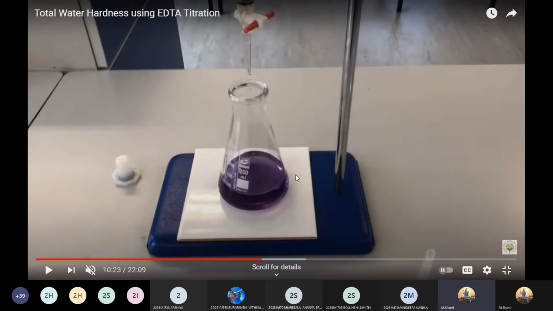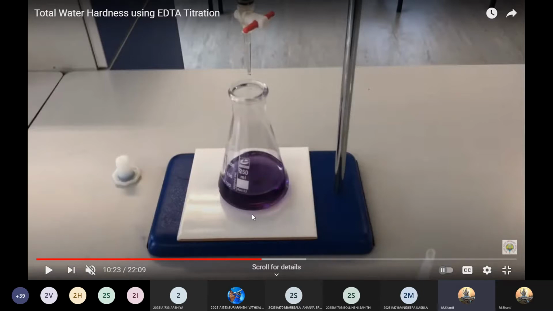Okay, so in the conical flask, what are the things we have added? Please, one of you quickly tell me. Sample solution. Which is the sample solution? You should be very clear with that because here we are going to find out the molarity of EDTA.